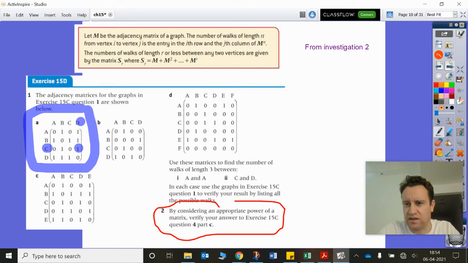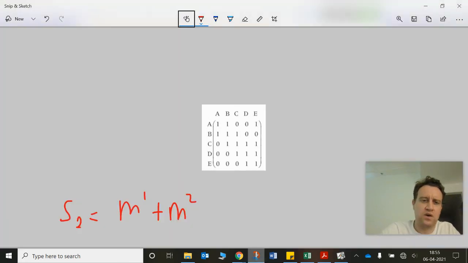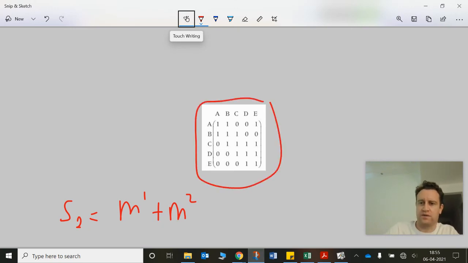They're just defining it as S. So what we need then is this matrix plus that matrix to the power of 2.